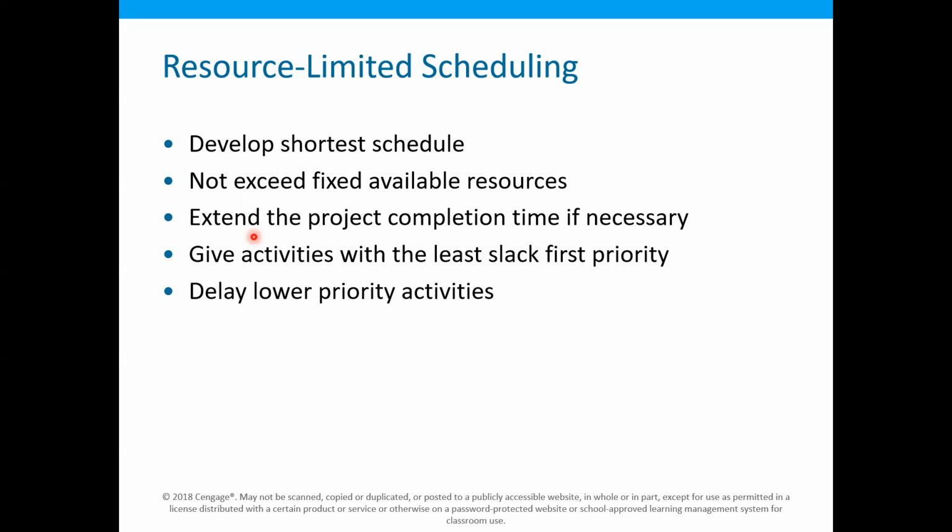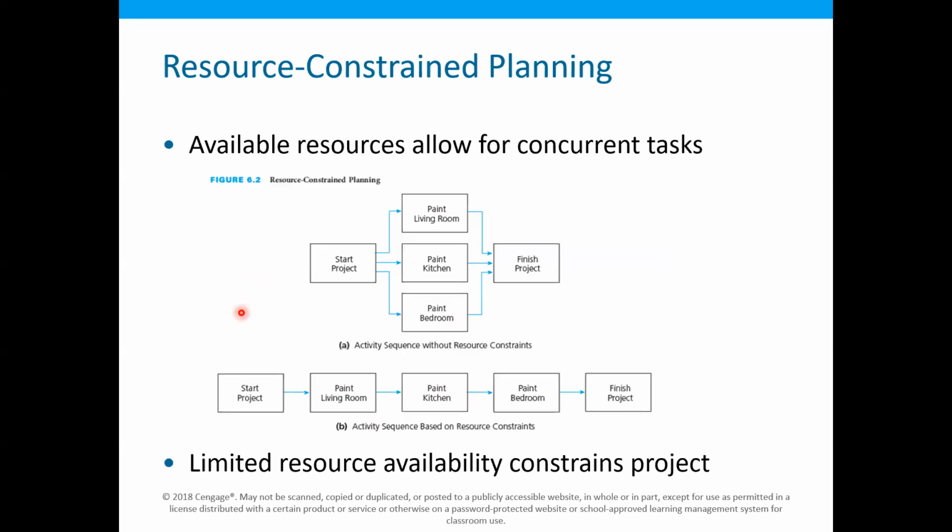In resource limited scheduling, the activities with the least slack are given the first priority to be scheduled, and it will delay the lower priority activities. This can be shown with the help of examples. Just like in this case, we have paint living room, paint kitchen, paint bedroom.